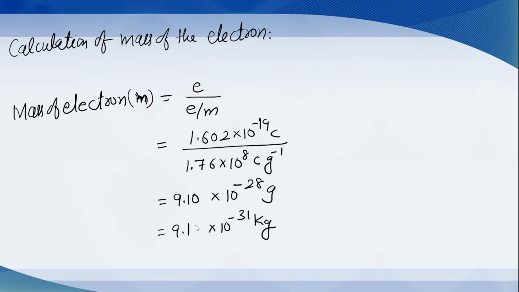9.10 into 10 raised to power minus 31 kg. Now, the mass of an electron is approximately 1 by 1837 times the mass of an atom of hydrogen, the lightest element known.